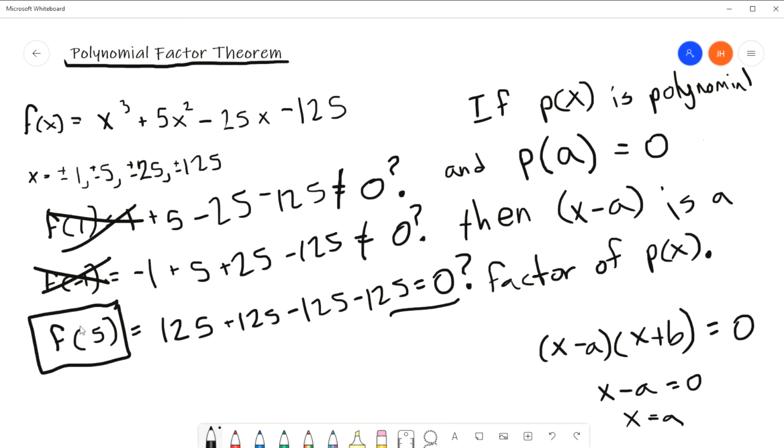So what this means for me is that one of my x-intercepts in this polynomial is at 5. And the factor that corresponds with that would be x minus 5.